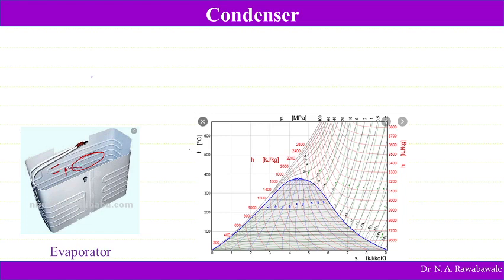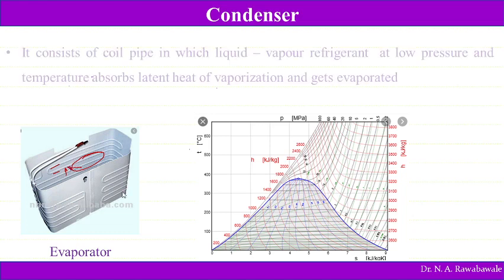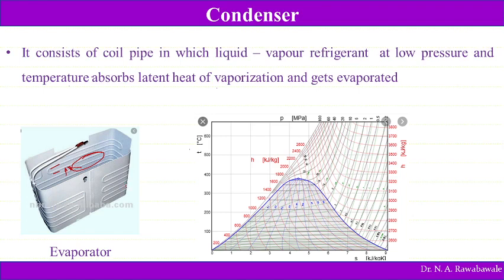So here heat is absorbed from the space by the refrigerant. It consists of a coil pipe in which vapor refrigerant at low pressure and low temperature absorbs latent heat of vaporization and gets vaporized. So here latent heat is absorbed.